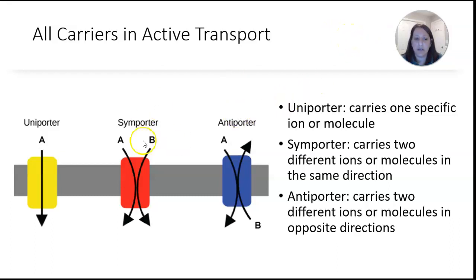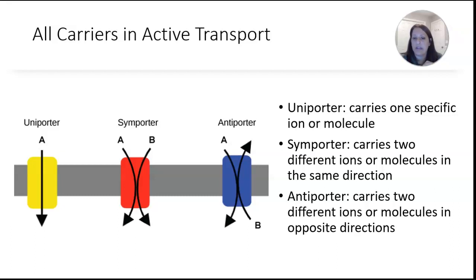There are 3 types of carrier proteins involved in active transport. There's uniporter, symporter, and antiporter membrane proteins. A uniporter is going to carry one specific molecule or one specific ion. A symporter is going to carry 2 different molecules or 2 different ions. But importantly, a symporter is going to carry those in the same direction, either into or out of the cell.